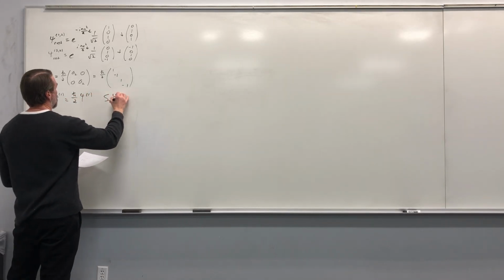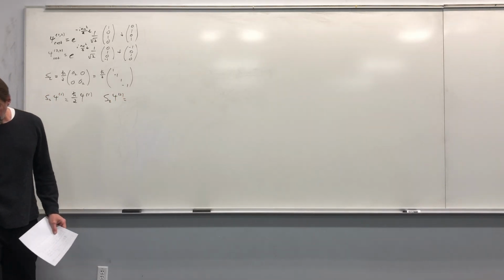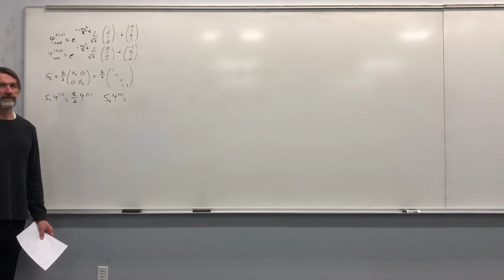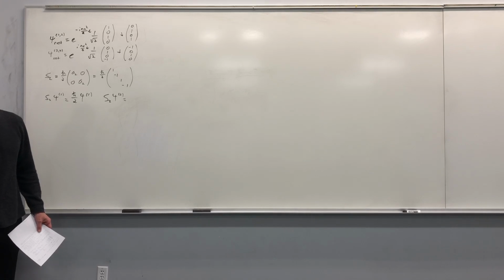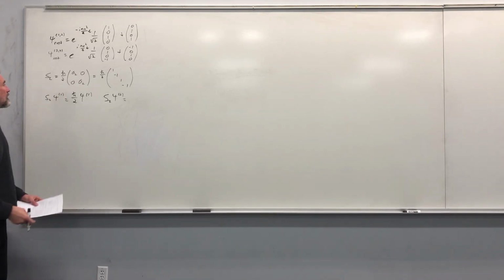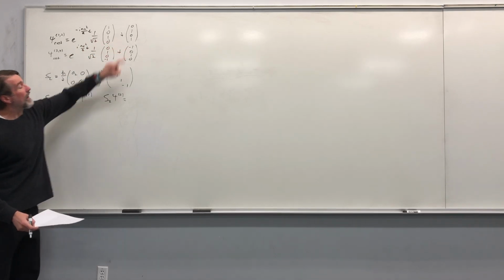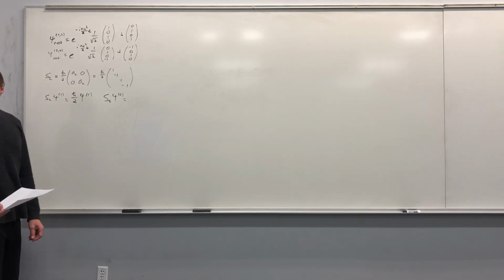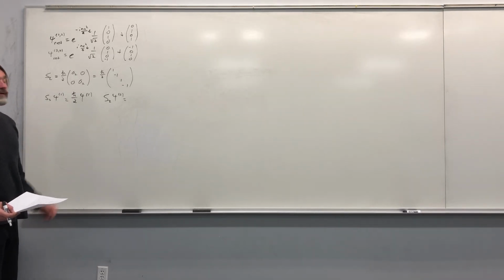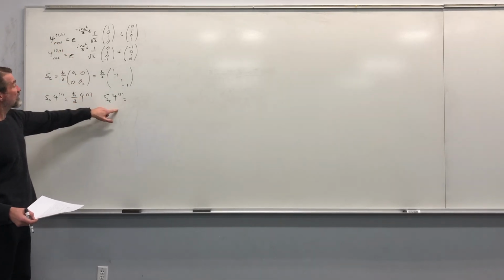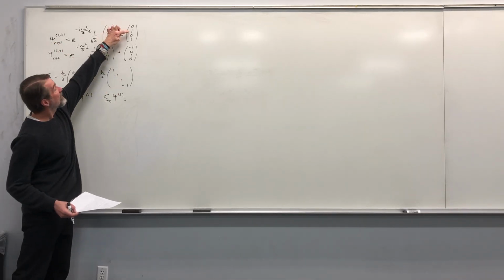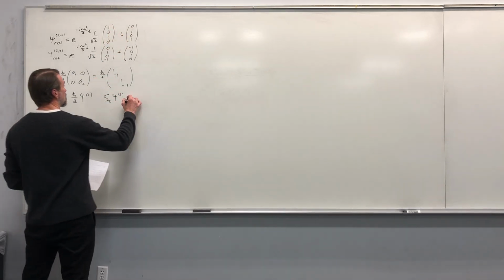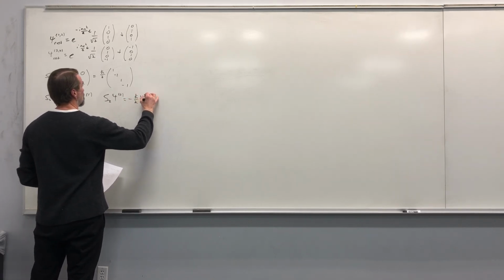Now on psi 2, this one, look at where the non-zero terms are. You pick up the negatives, so negative h bar over 2 psi 2.